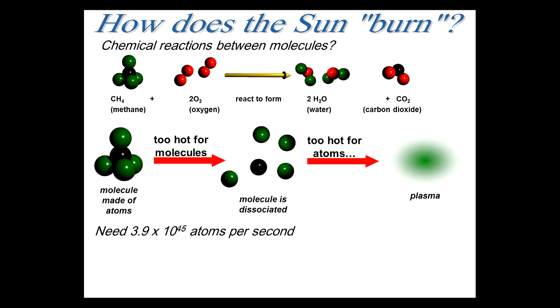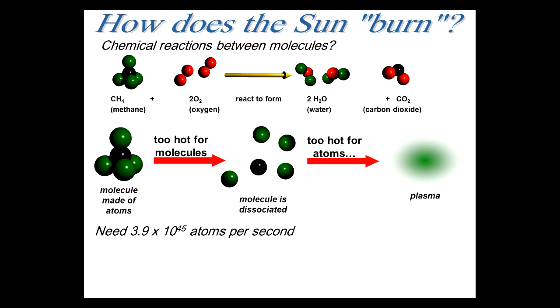Moreover, we need about 3.9 times 10 to the 45 atoms reacting chemically per second in order to produce the prodigious power output of the sun, the incredible 3.29 times 10 to the 26 watts of luminosity, of radiation. So this many atoms are needed per second.